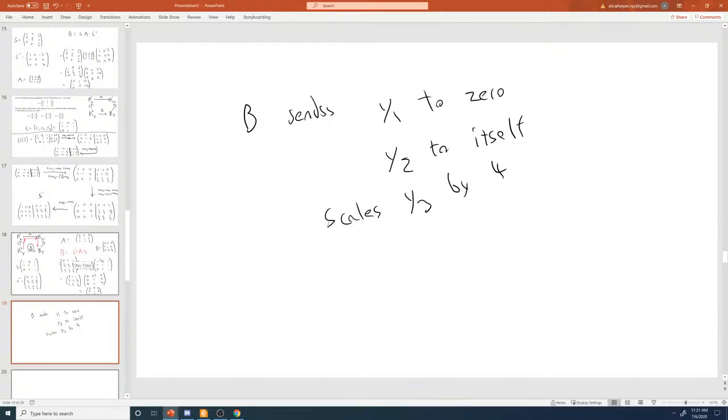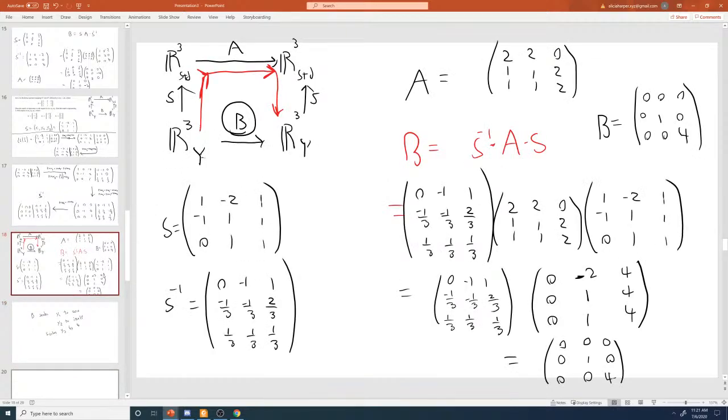So in some sense, the basis y is a better basis than the standard basis for this particular linear transformation. It makes the linear transformation look nicer. And a lot of the computations that we're going to do in the second half of the semester basically involve trying to take a given linear transformation and find a different basis so that when you look at the matrix in the different bases, it is nicer.